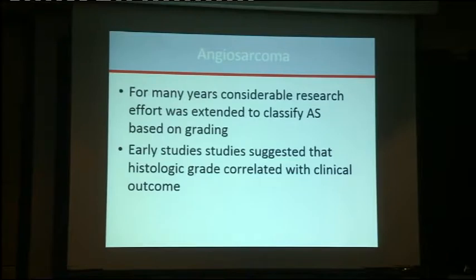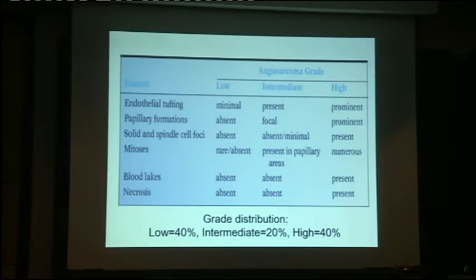Because of that, we really are not using the grading system. So we make the diagnosis of angiosarcoma. You can indicate high grade, low grade, predominantly for identification of the lesion later if there's a metastasis or there are some additional lesions, but from the prognostic point of view there isn't really any significance.